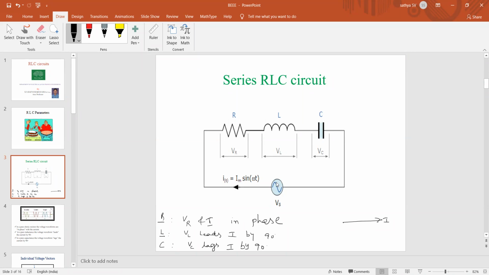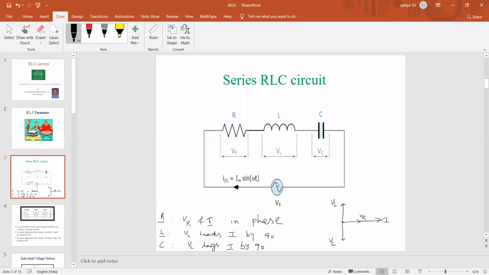Therefore, with I as the reference, VR is in phase with I. VL leads, in the sense of drawing, in the upward direction. And VC, from this origin point, lags I by 90, downwards, minus j omega XC.